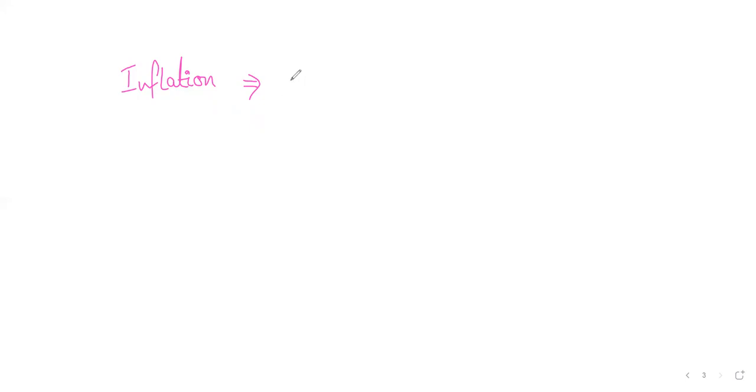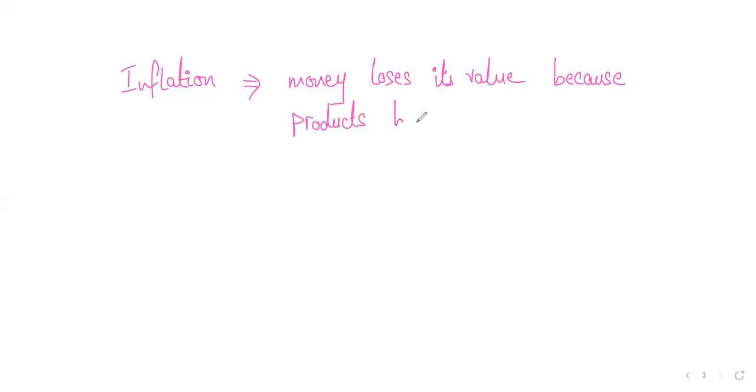What does inflation do to money? Money loses value because things become more expensive, right? So that's the concept. Because products become more expensive. It's as simple as that. Any confusion around this?